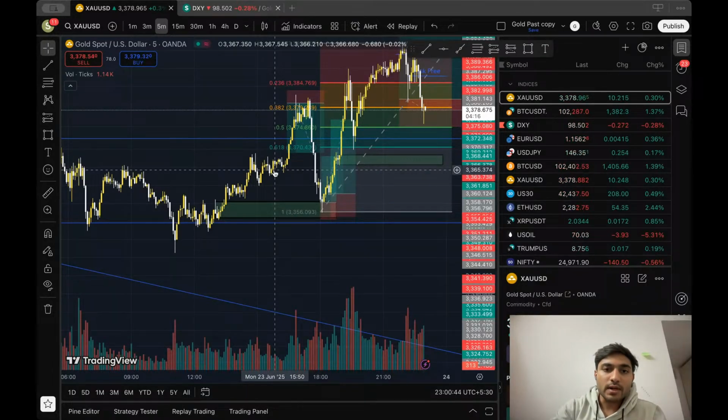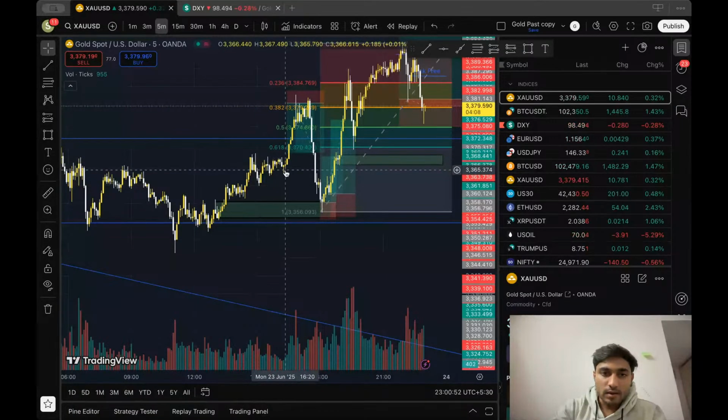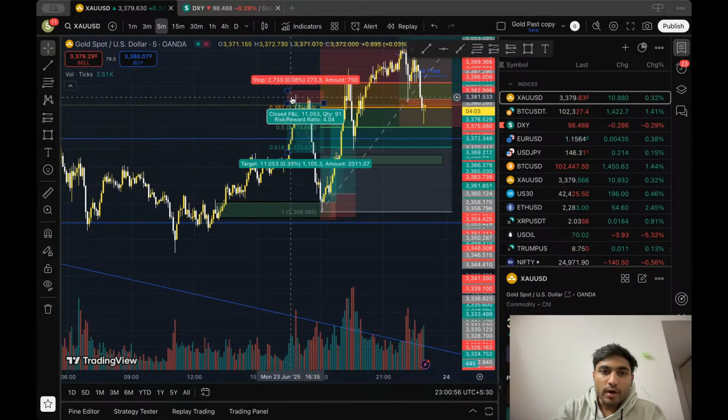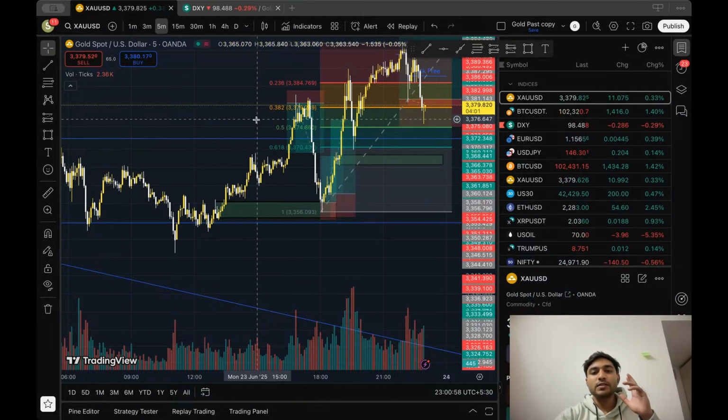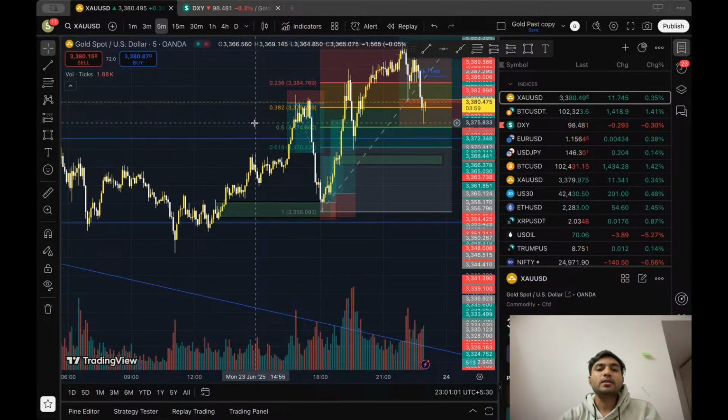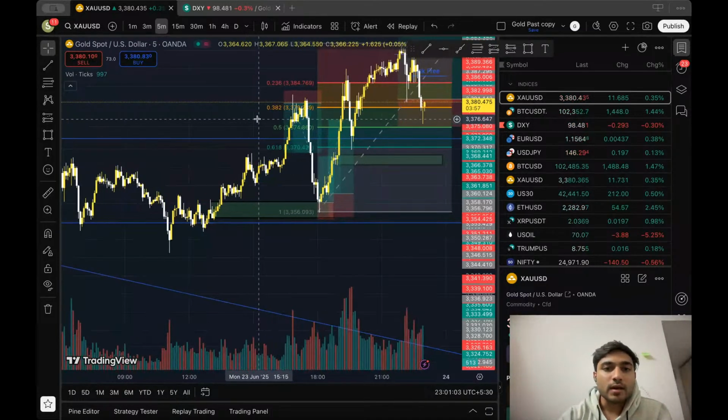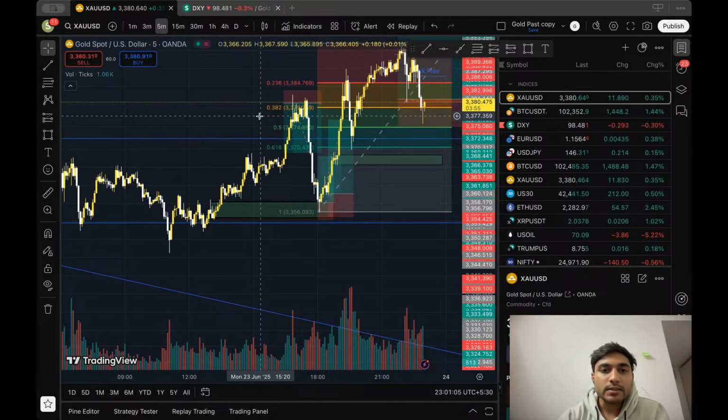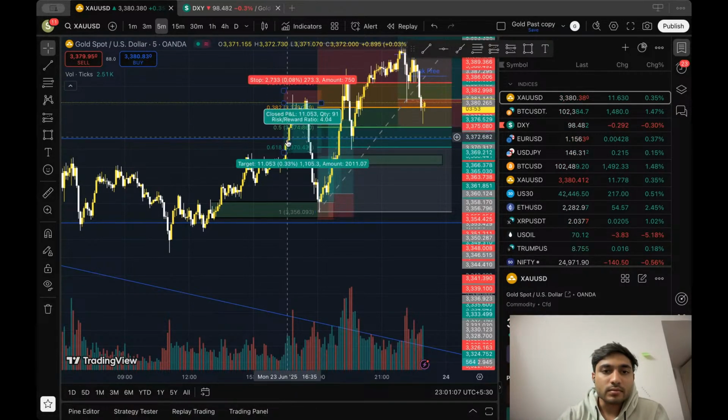If it's not doing that, then it should consolidate, which suggests it is bullish. If gold and DXY are both going up, what does it suggest? First think this in your mind: it suggests that it is seeking liquidity.